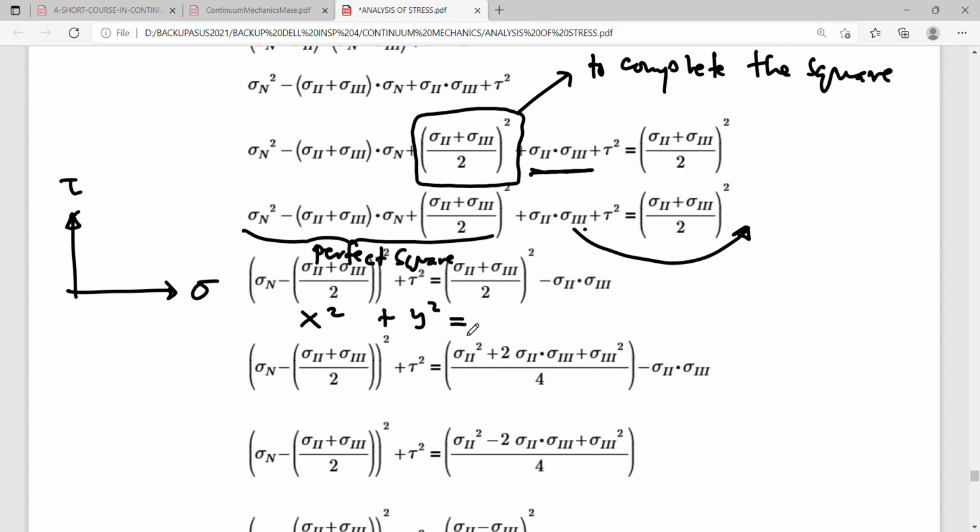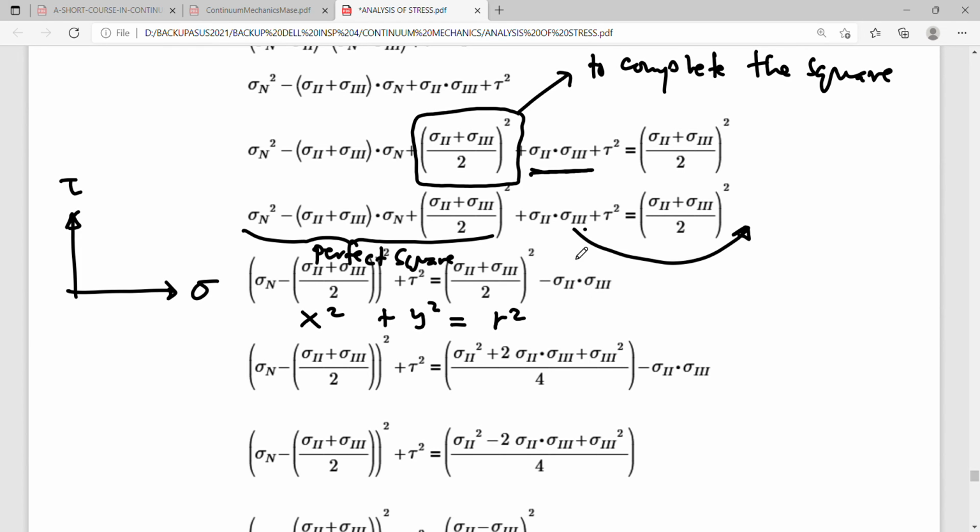So the right-hand side must be related to a radius of a circle. So how do we convert that into a radius? We know that the radius is simply equivalent to half of the diameter, no?